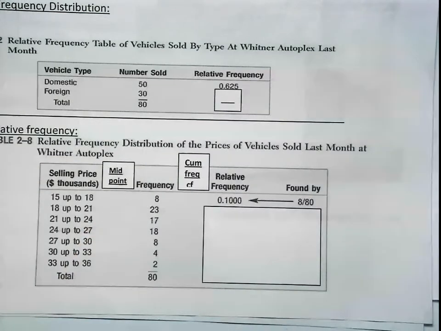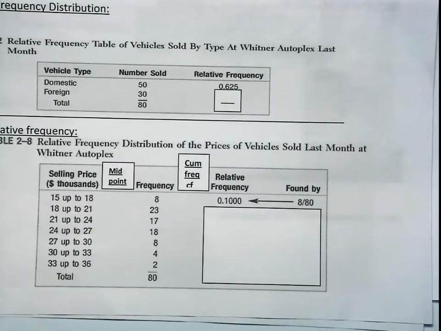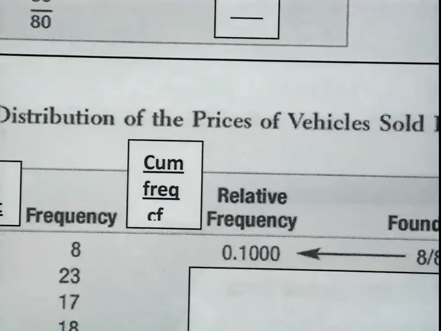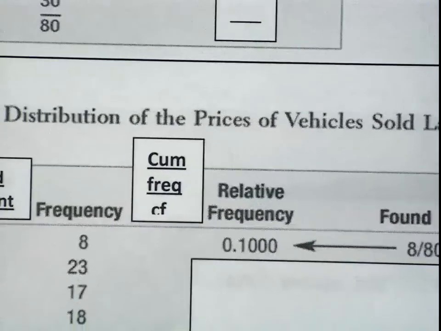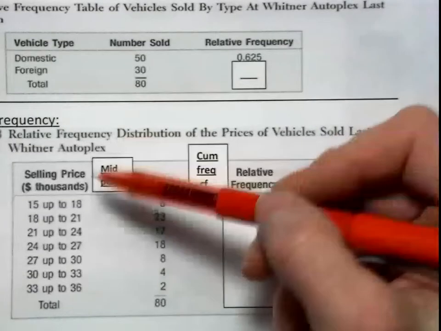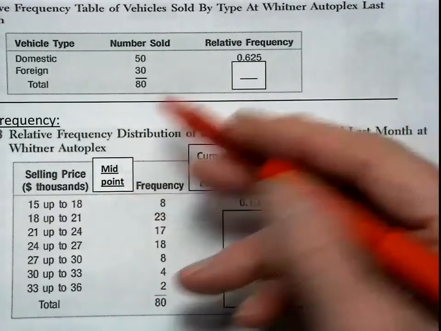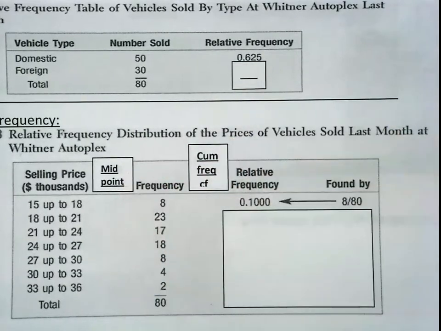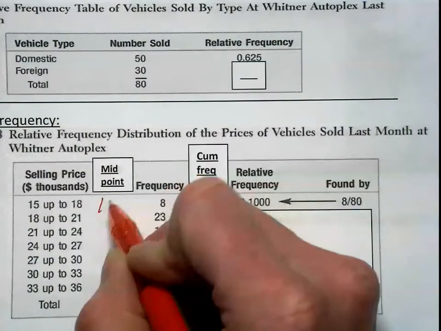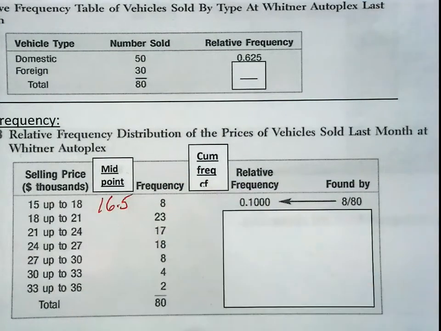Now our midpoint, as you can see here, I'm going to zoom in a little bit. That's a little too much. This first column is midpoint. Midpoint is the midpoint of the class. So between 15 and 18, our midpoint is 16.5.